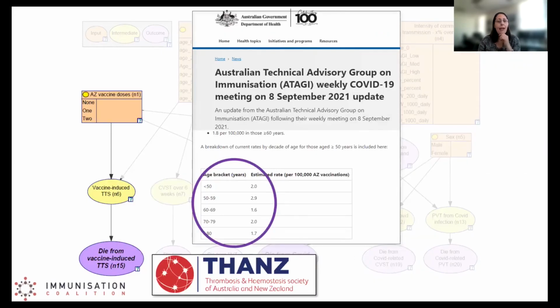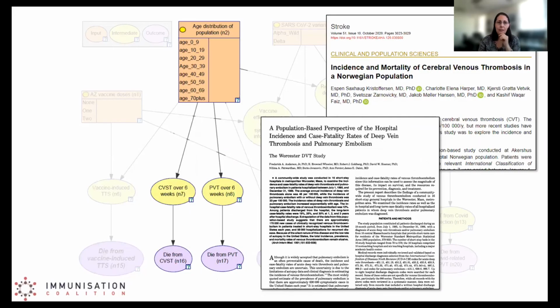And the second one, dying from vaccine-induced TTS, we consulted the Thrombosis and Haemostasis Society for Australia and New Zealand, who currently advise the government, and got their value for that. For the background rate of clots, there's a few good international studies we can use, and we can pull the value from there.